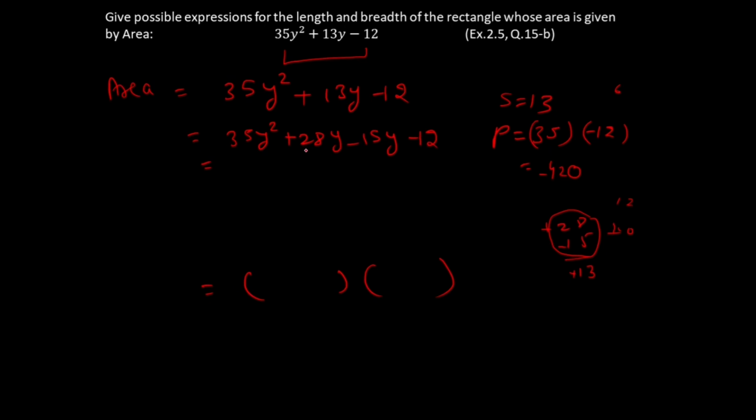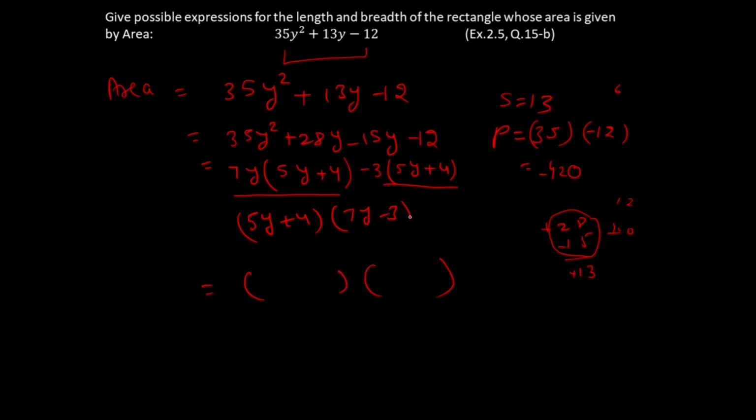The common thing in these two is 7y, leaving 5y plus 4. The common thing here is negative 3, leaving 5y plus 4. Again, what is common in these two? 5y plus 4 and 7y minus 3.